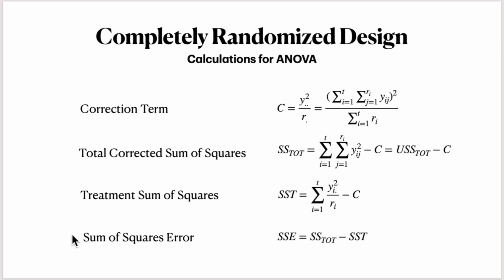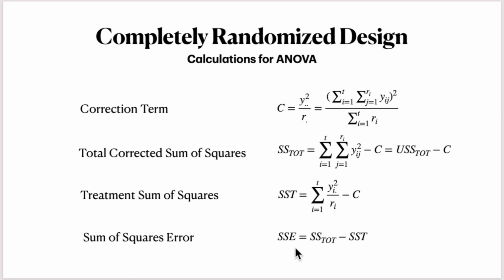And then once you have those two, get the treatment sum of squares by subtraction. But the way we're going to do these calculations in this course, because it's going to be much easier as we look at more complicated designs, we're going to calculate the total corrected sum of squares and then calculate the treatment sum of squares.